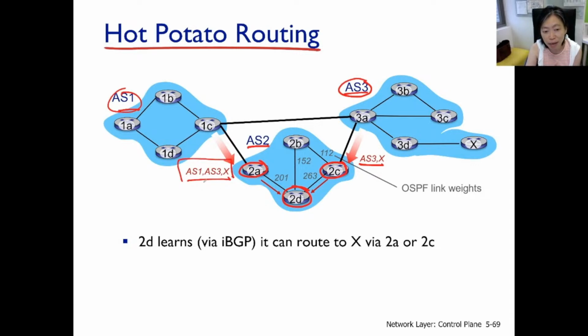That is AS1, AS3, and X. So 2A passes this path to 2D. 2C also passes on this path to 2D. So 2D in the end learns there's one AS path through next hop 2A, this guy.